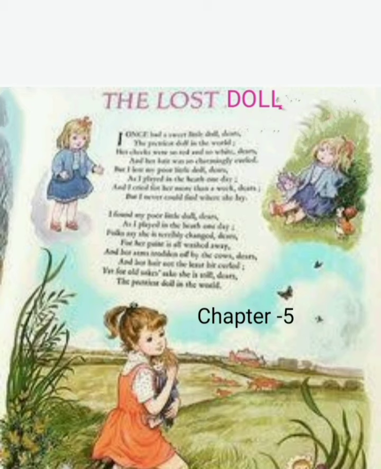But still, according to the poet, the doll that he got was still the prettiest doll in the world for him. So why do you think so? Even though it was so dirty and old, why does the poet think it's still the prettiest doll? The reason is because the poet had great love for the doll.